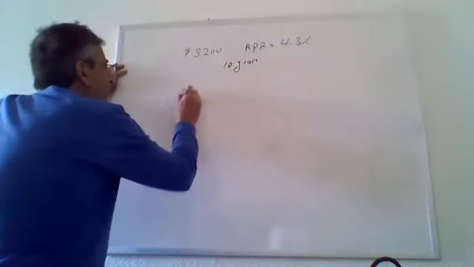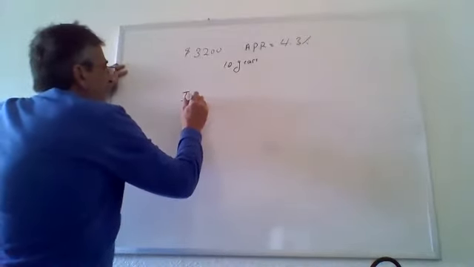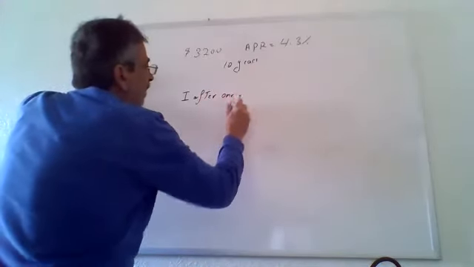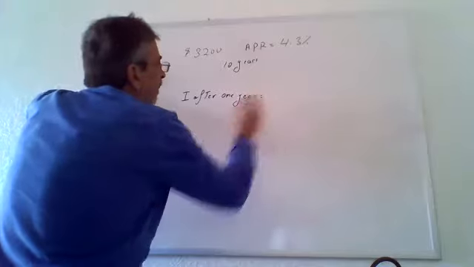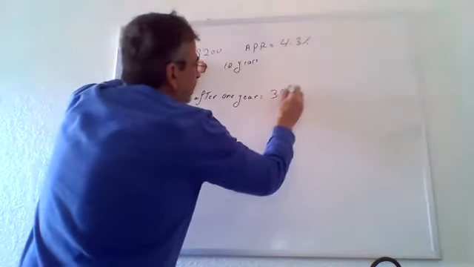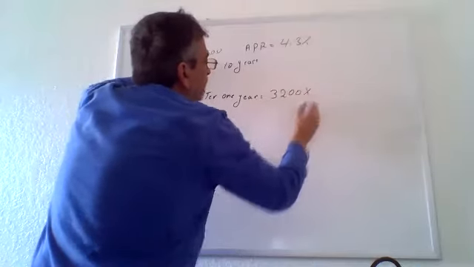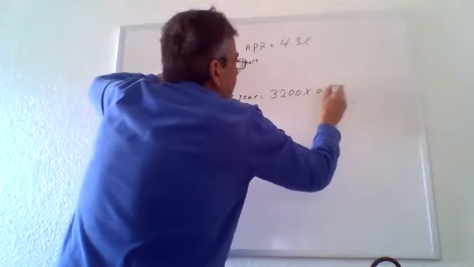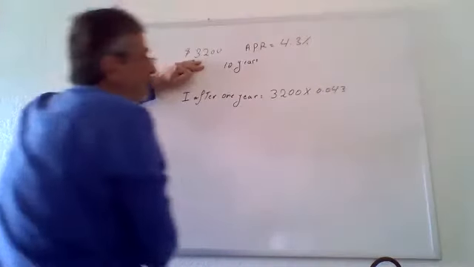So interest after 1 year equals the amount of money deposited, 3,200, times the interest rate, 0.043.